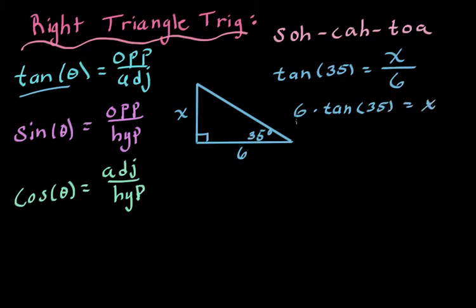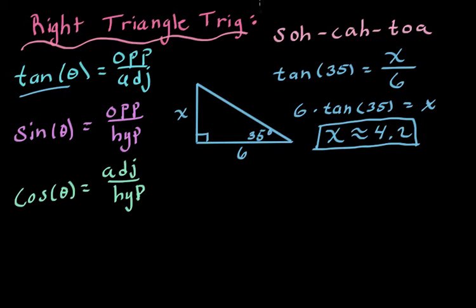Now this would be our exact answer, but typically they want an approximation, so let's just approximate that. I'll just type that in my calculator quickly. So 6 times the tangent of 35, and that comes out to 4.2, and that makes sense when we think about it. So why don't we do one more, and then I think you'll get the idea.